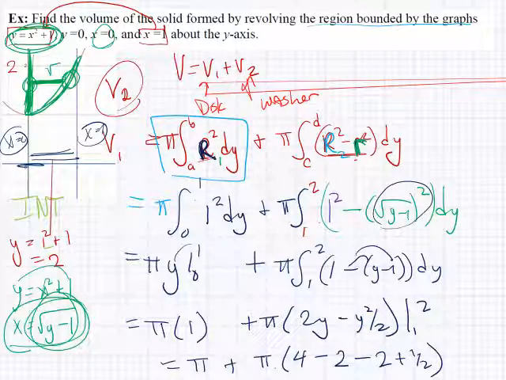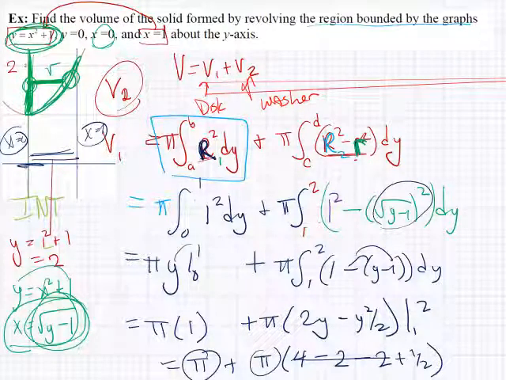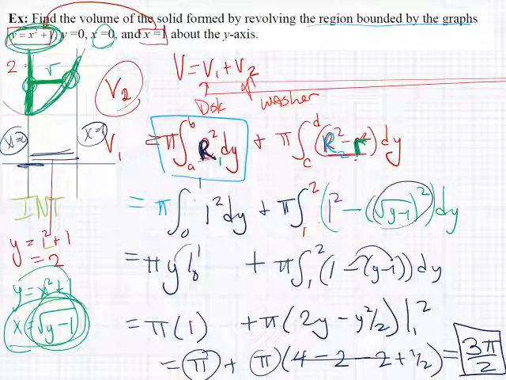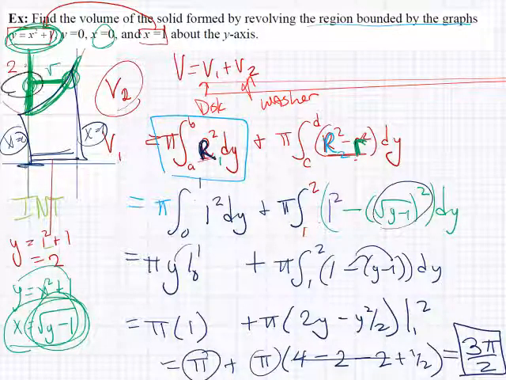And really all this cancels, so I get 1/2. So I have pi plus pi times 1/2. Well, that's going to give me 3 pi halves. So the total volume of this whole mess here, rotated around the y-axis, would be 3 pi halves.